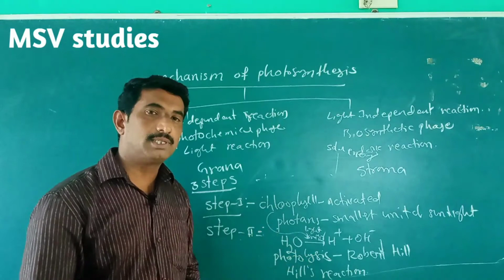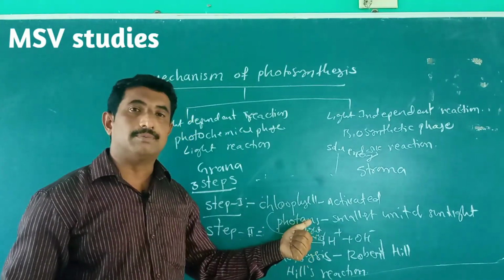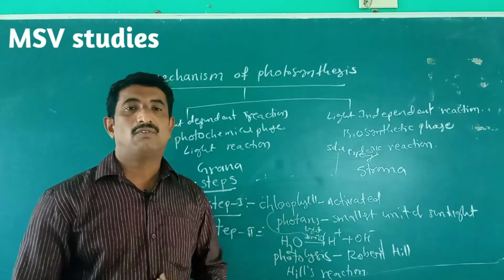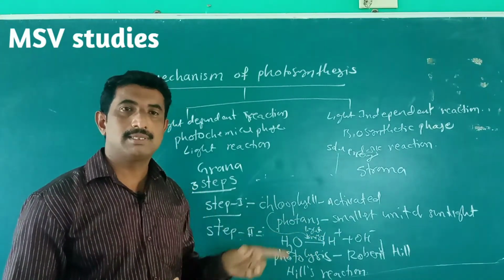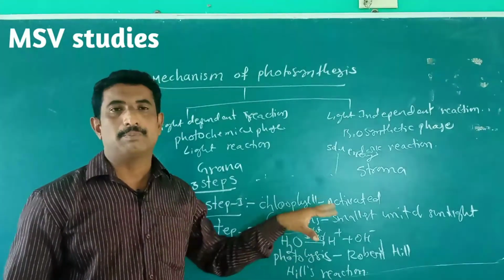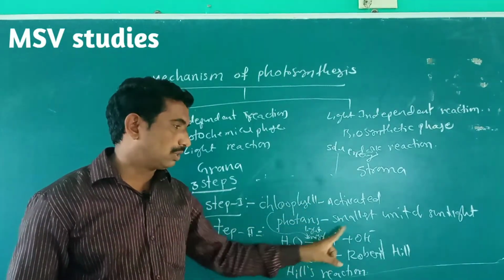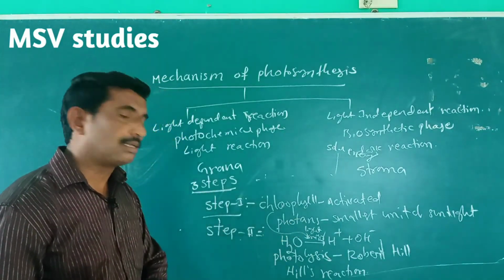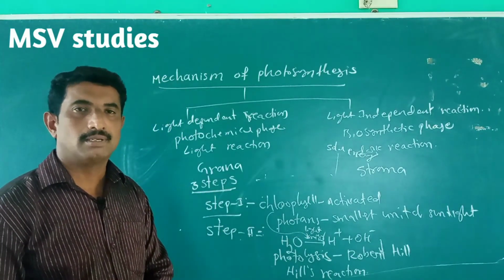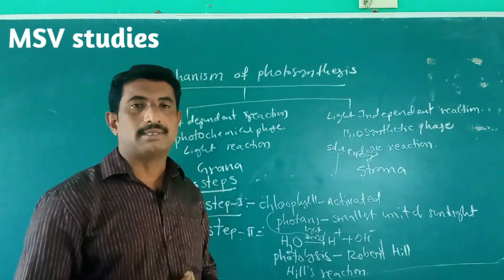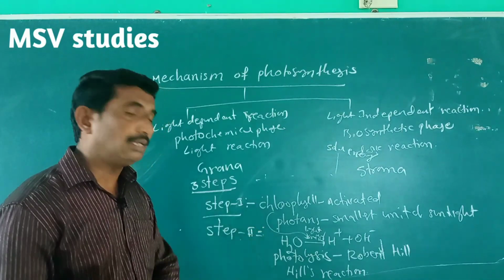In the presence of light, meaning photons, this process is called photolysis. Photolysis was described by the scientist Robert Hill. That's why it is called Hill's reaction.